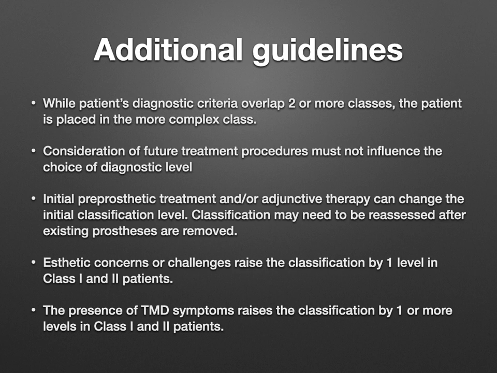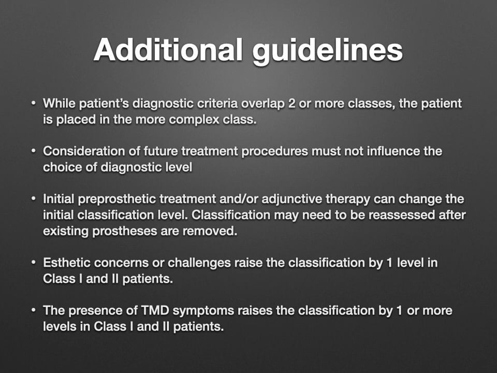For example, we have four different criteria. Maybe the patient has two criteria considered ideal, so that's a class 1. But the other two are considered substantially compromised, class 3.